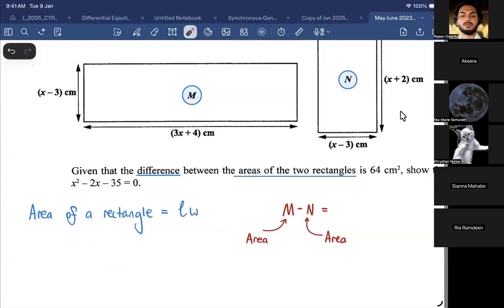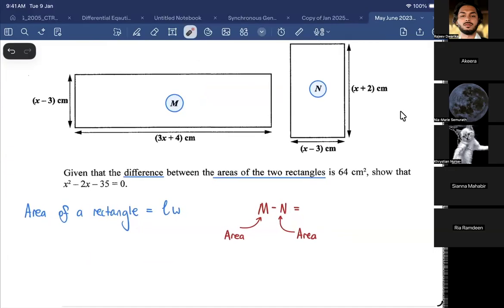So think to yourself, Christian, what would M minus N be equal to? Look at the question. Reread it if you need to. 64 centimeters squared, sir. Do you all agree with that?